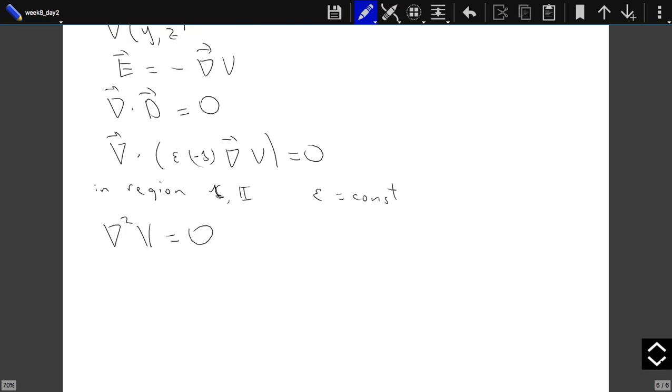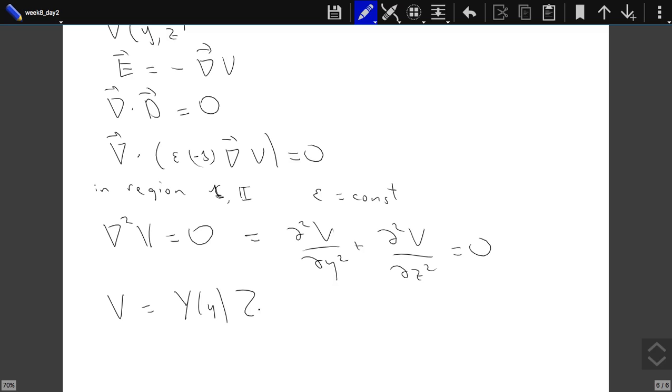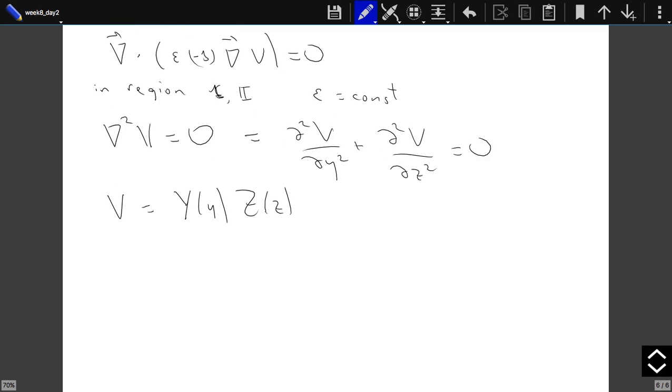Now this equation tells me that del squared V by del y squared plus del squared V by del z squared should be equal to 0. Now I can use separation of variables. V will be equal to a function of y times a function of z, and each one of them will satisfy this equation.